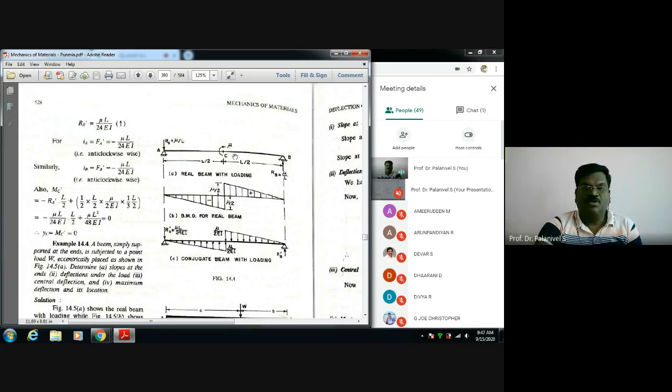That is the static equilibrium equation. From this, RB is found to be M by L. Similarly, RA is also M by L.